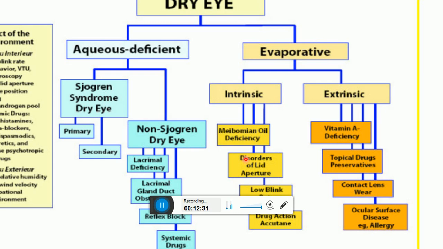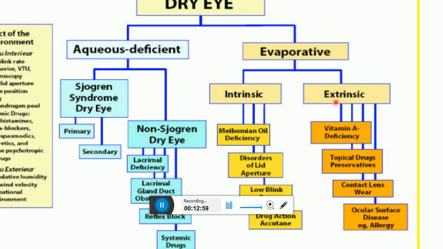Evaporative may also be due to low blink rate, for example, in Parkinson disease, prolonged computer monitor use, reading, watching television. Intrinsic causes also include drug action, for example, antihistamines, beta blockers, antispasmodics, and diuretics.